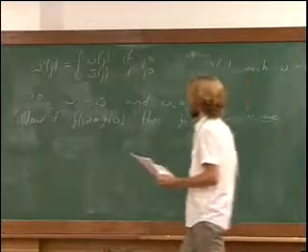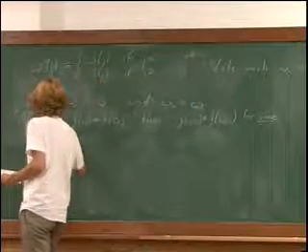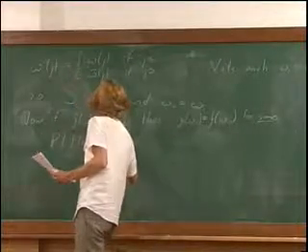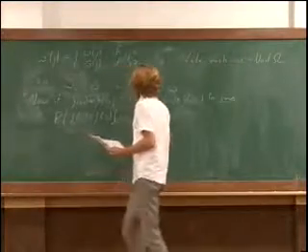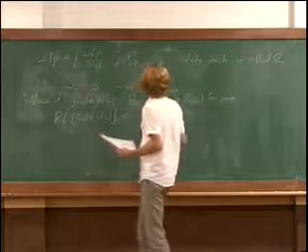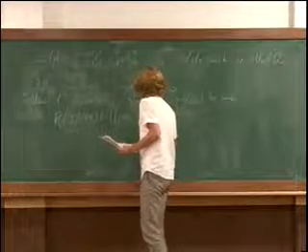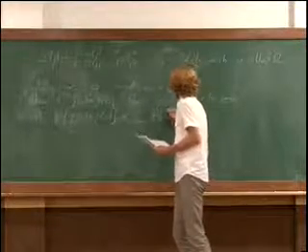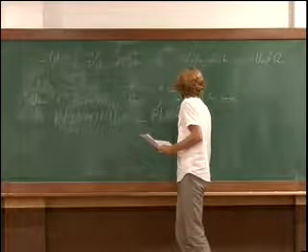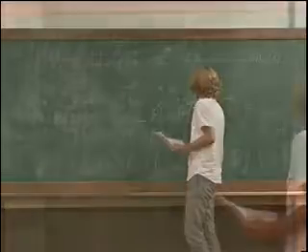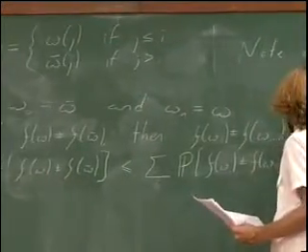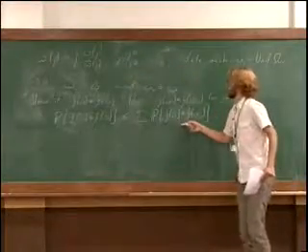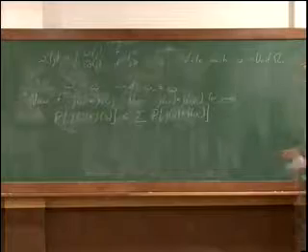So what we get from this is the probability that f of omega is different from f of omega bar is less than or equal to the sum over I of the probability that f of omega I is different from f of omega I plus 1. Simply by the union bound, right? If this happens, then at least one of these events must happen.